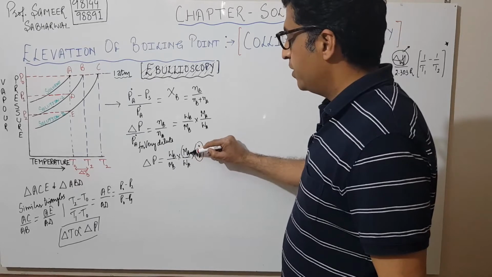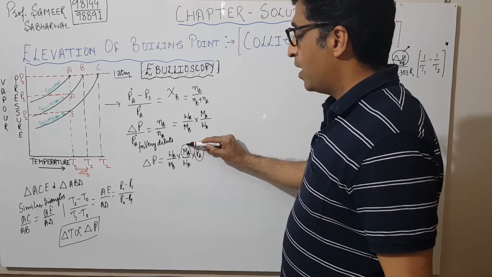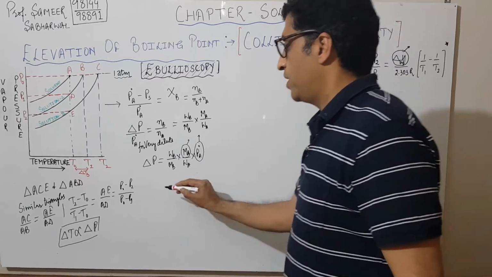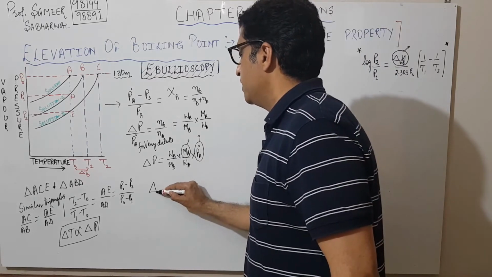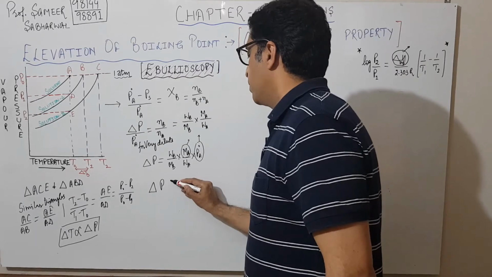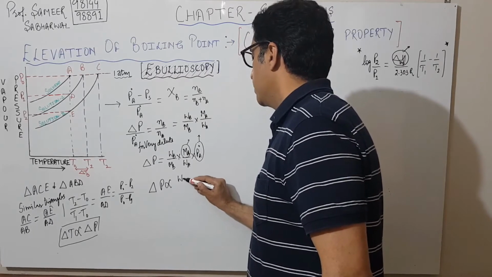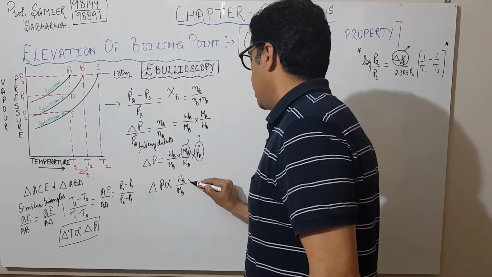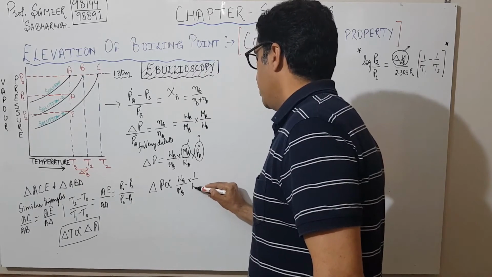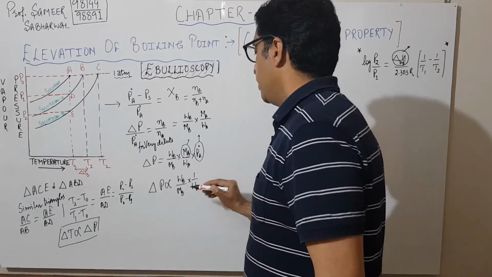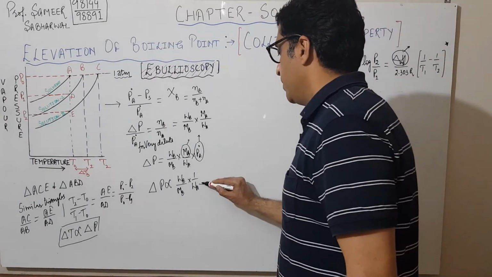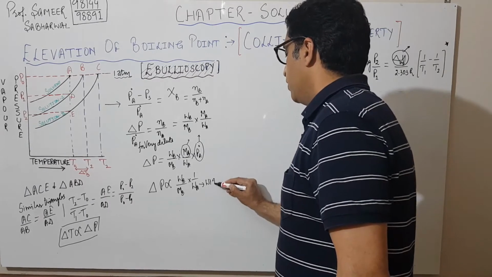MA is the gram molecular mass of the solvent. These terms are constant. So can I represent delta P proportional to WB by MB into 1 by WA, right? What is WA? That is the weight of the solvent.